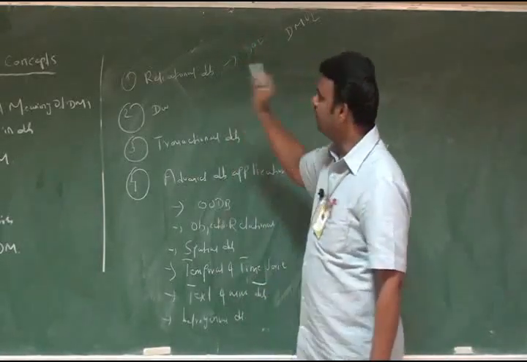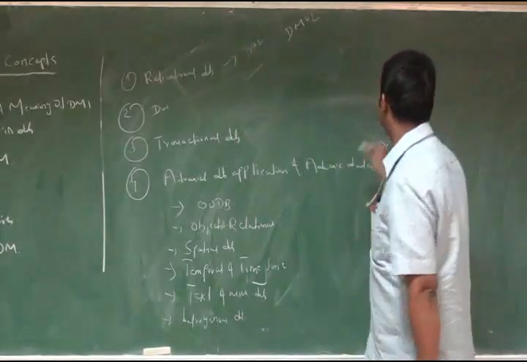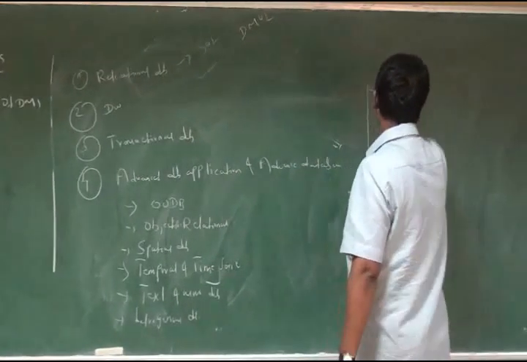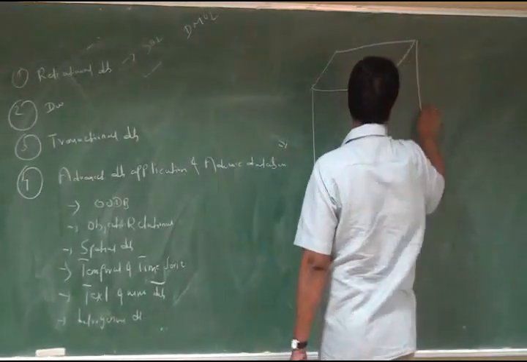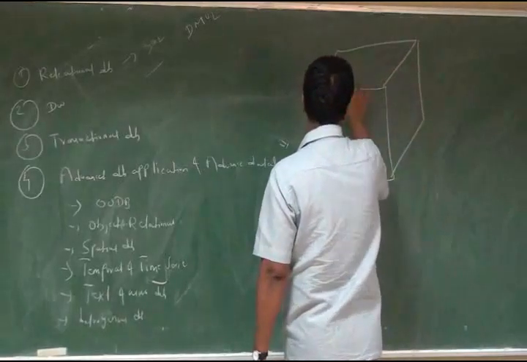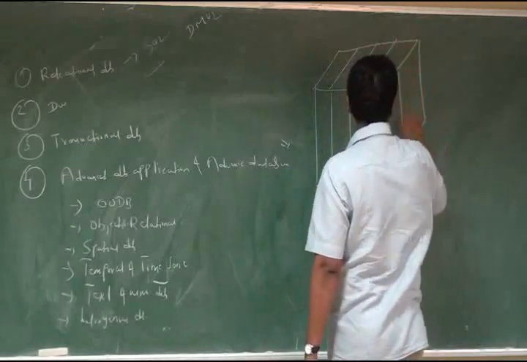The next one, the data warehouses. The data warehouses can be modeled by the multi-dimensional database structure. It is called the multi-dimensional database structure.